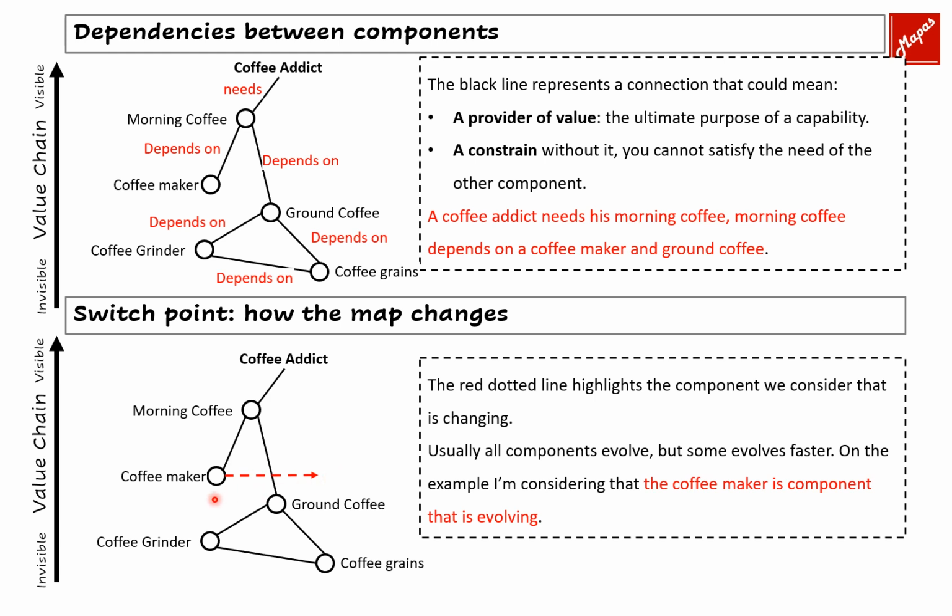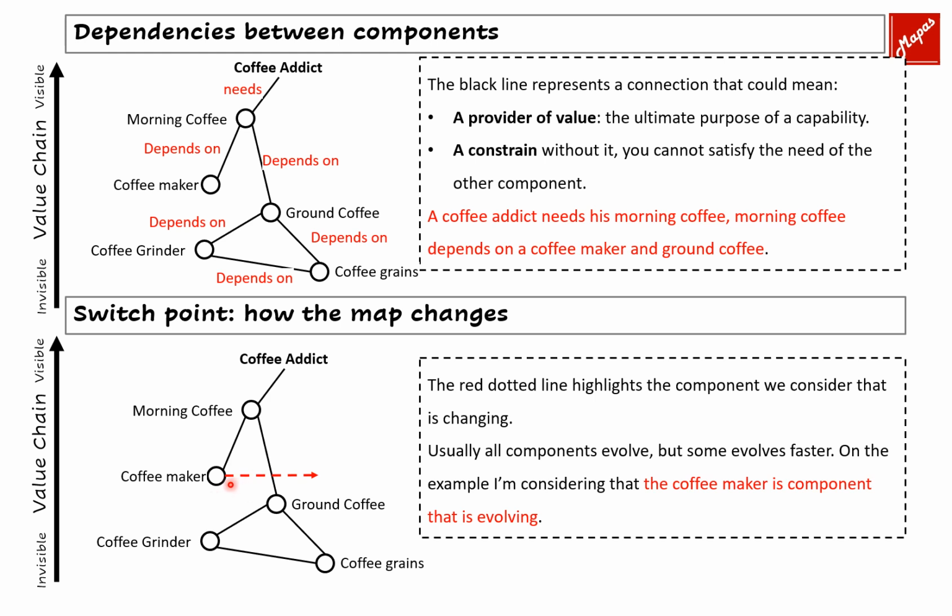If we draw the components in black, they are representing the present. If we draw the components in red, they are representing the future. With Wardley mapping, we try to visualize and discover the present and try to anticipate the future.